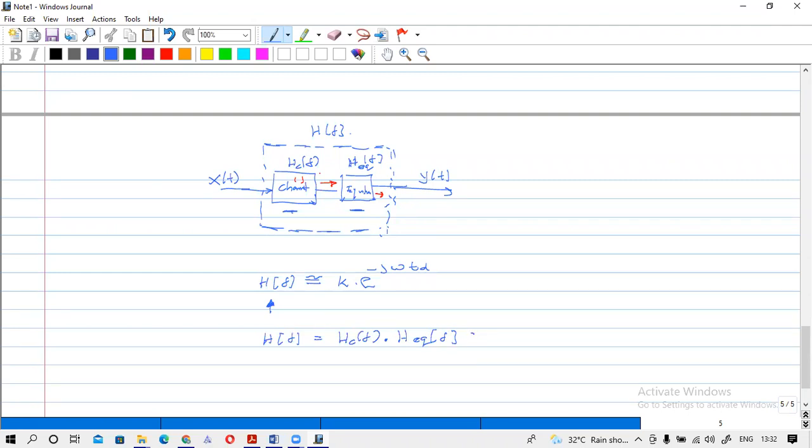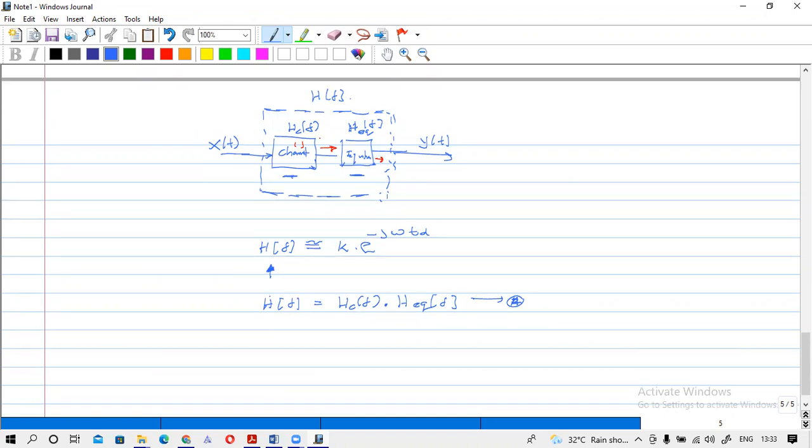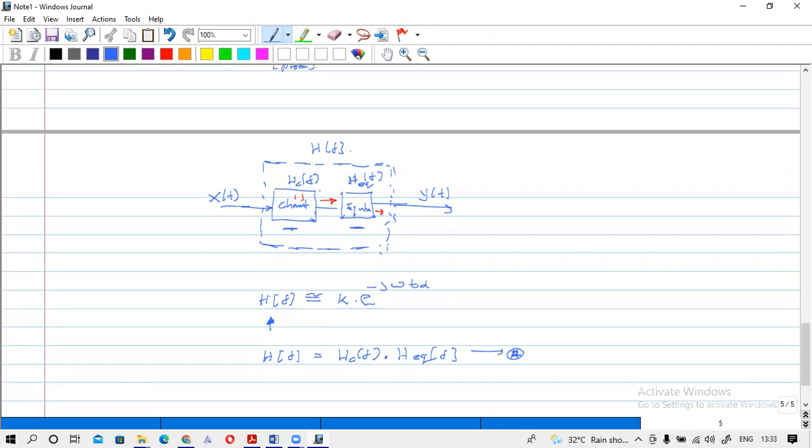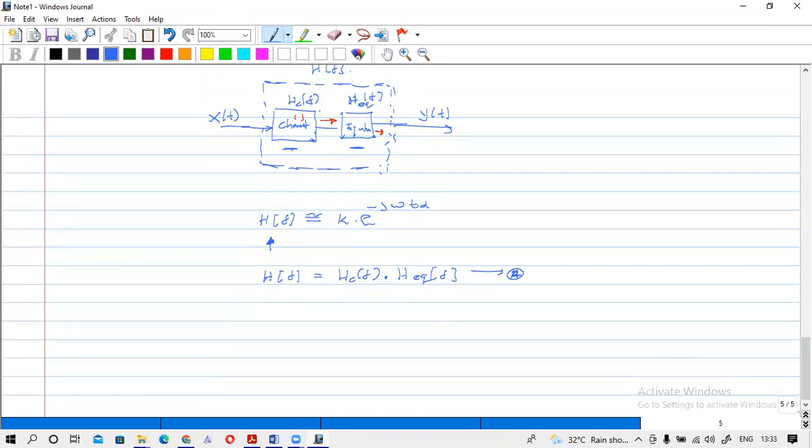I think you could understand; these are not very difficult concepts. All things can be derived using the principal factor. I hope it is not too difficult.